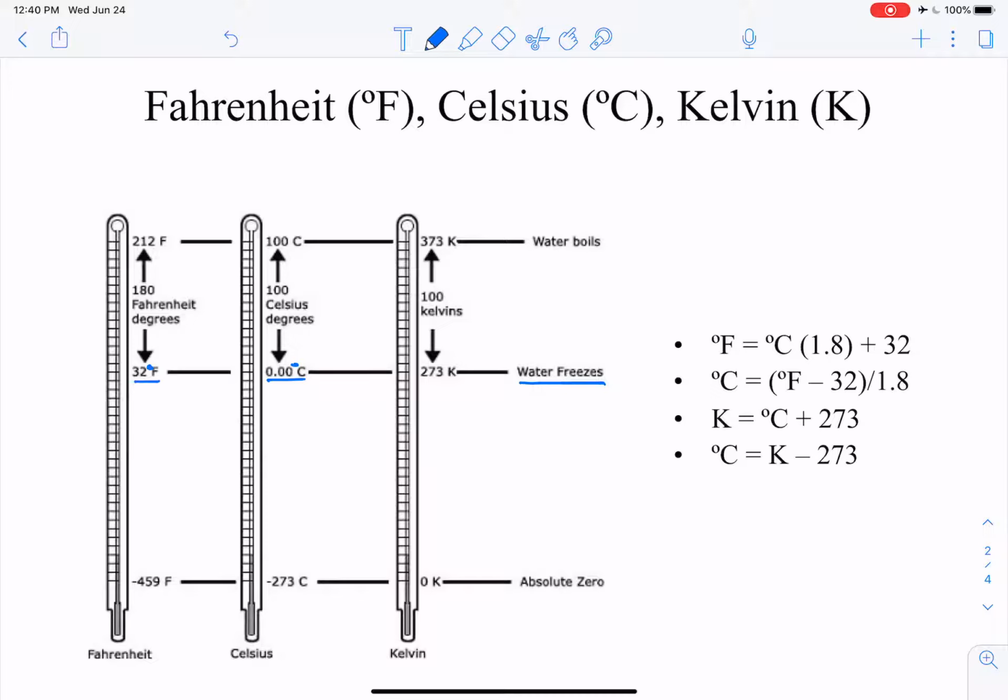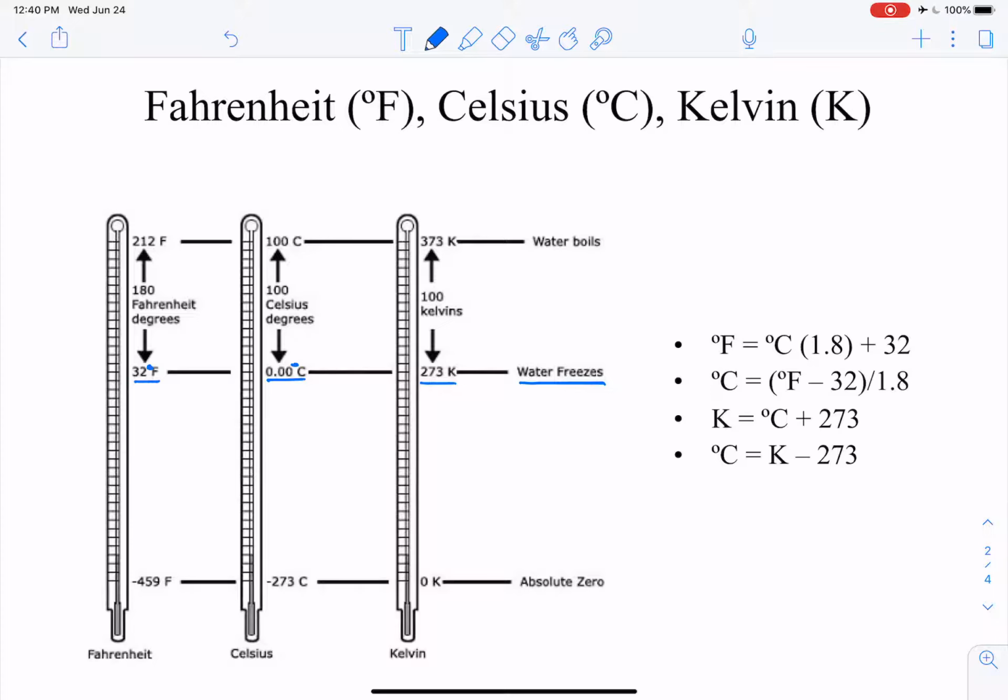So Celsius already makes a whole lot of sense because water freezes at 0 degrees. That sounds like a cold temperature. And in Kelvin, water freezes at 273 degrees. And actually, I shouldn't say degrees because there's no degree symbol next to Kelvin. It's just 273 Kelvin.